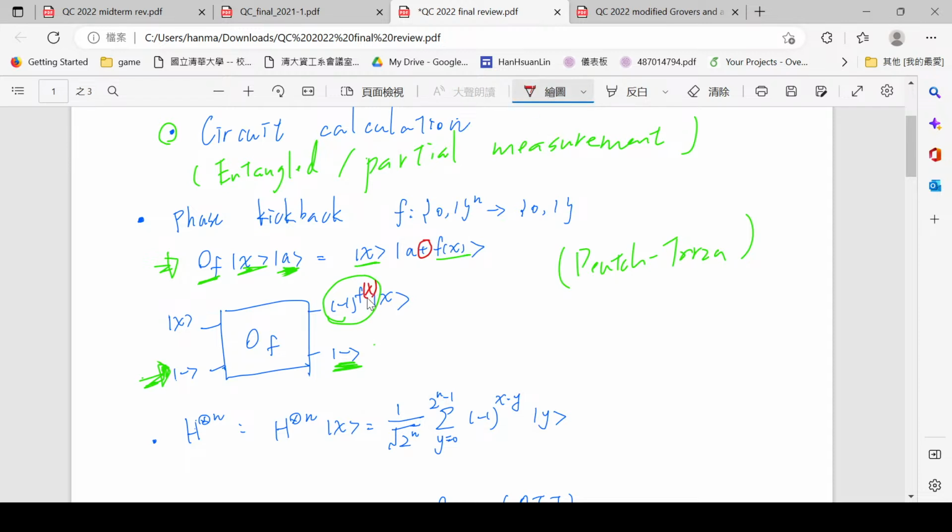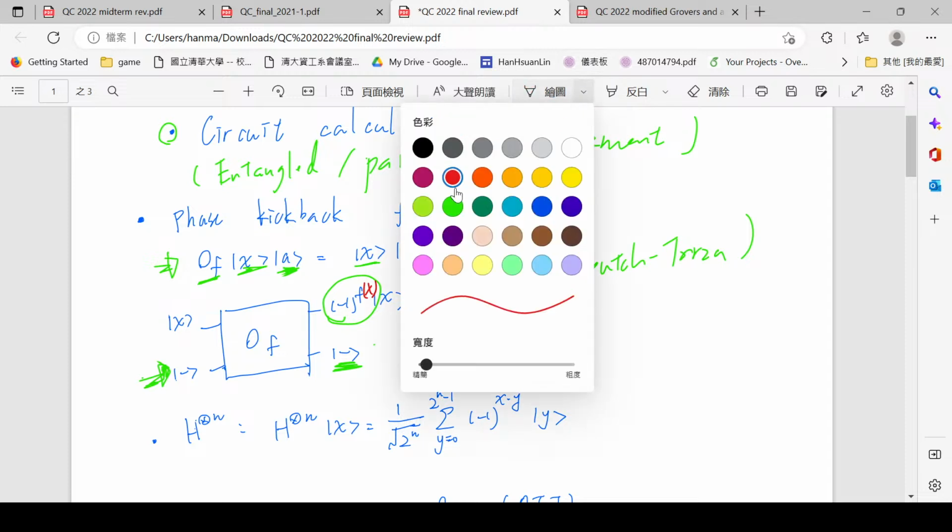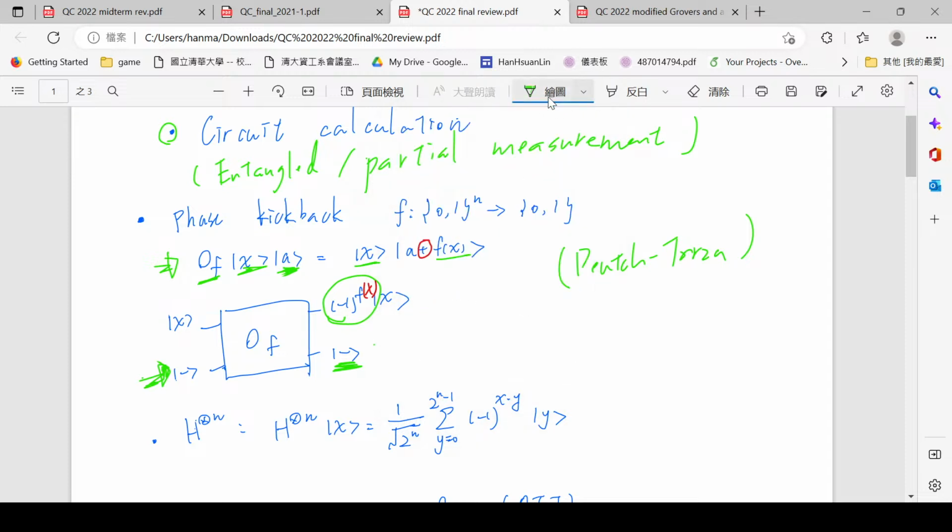So instead of writing f of x into this register, you get this phase of (-1)^f(x) if you put a minus here. And we can do a lot of interesting analysis with this (-1)^f(x). This is the basis of the Deutsch-Jozsa algorithm and the Bernstein-Vazirani algorithm.